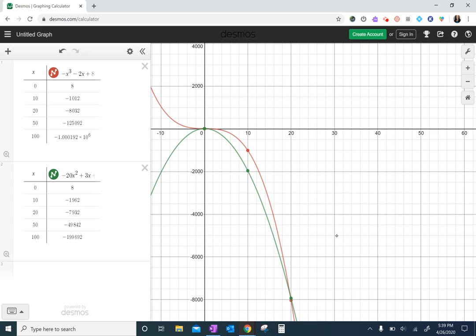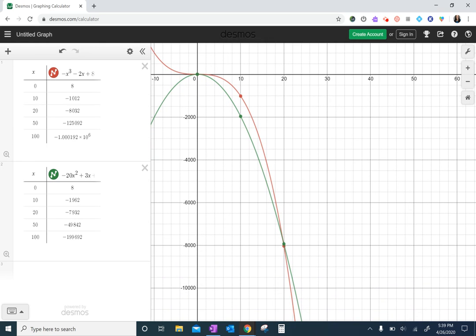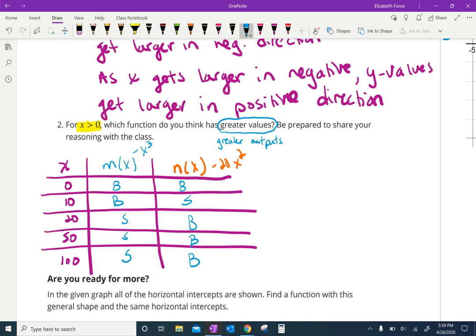So that degree 3 has greater values to start off, but eventually the degree 2, that quadratic, somewhere around x is 20, the input of 20, the degree 2 now has the larger values. So now you kind of have an idea of what's happening in this graph when you start looking at the values of x as it keeps getting larger and larger and larger.